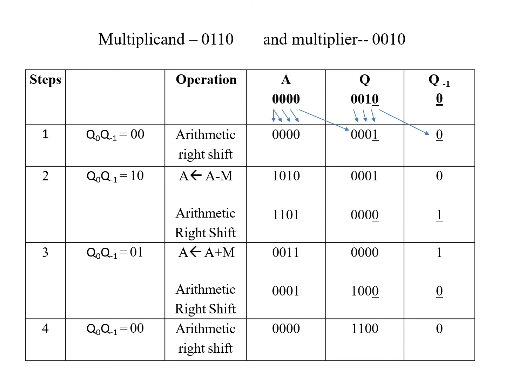Now we stop here because the multiplier's size is 4 bits, so we need to follow 4 steps. 0000 in A indicates the sign of the result, which is positive, and the result is in its original form, which can be obtained from the Q register, which is 1100, the binary representation of decimal 12. So 6 twos are 12. The result is obtained from Q.